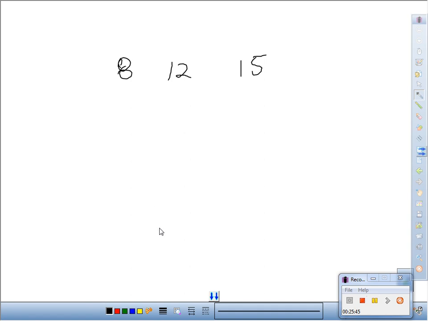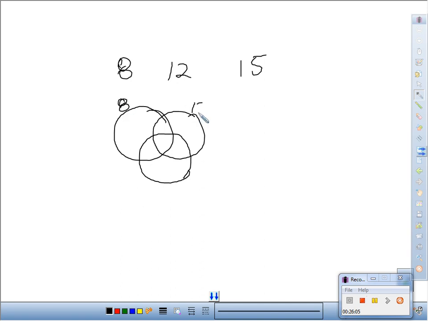Prime factorization for each, and then how many circles? 3. 1 for 8, 1 for 12, and 1 for 15. Where's my GCF? Right there. Is everybody following?